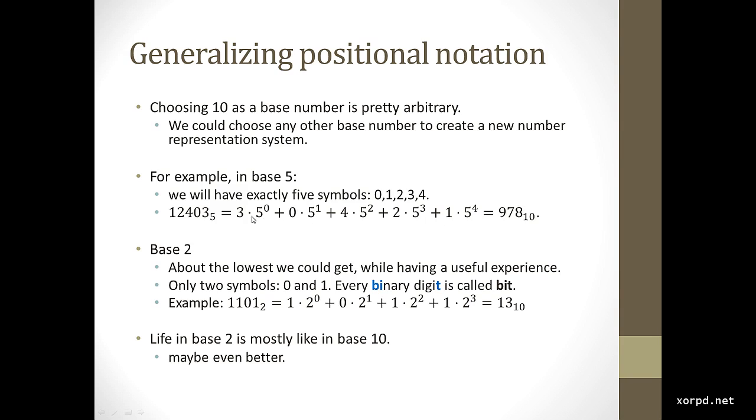If you calculate this, you are going to get 978, which is the result in base 10. We can say that we need more digits in base 5 to represent the same number which has only 3 digits in base 10.